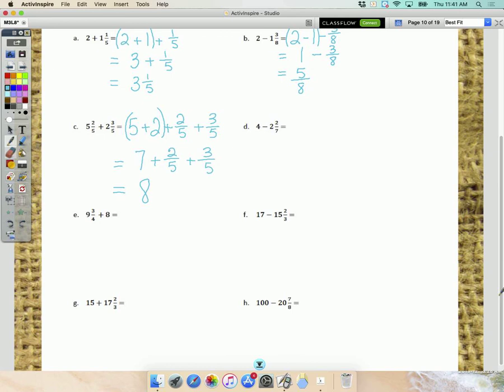Diego, how would you break that apart? So I would have to do 4 minus 2 minus 2/7. Good. And parentheses around whole numbers. Good. Okay. And we all know that solving this is not the hard part, is it?